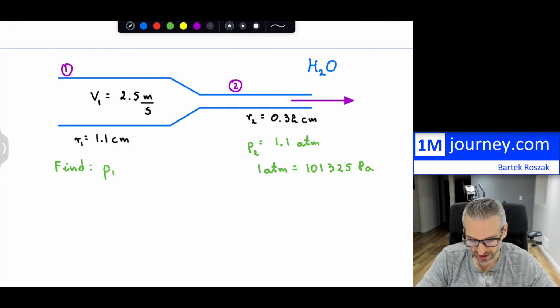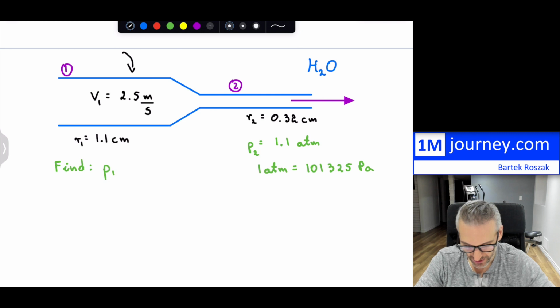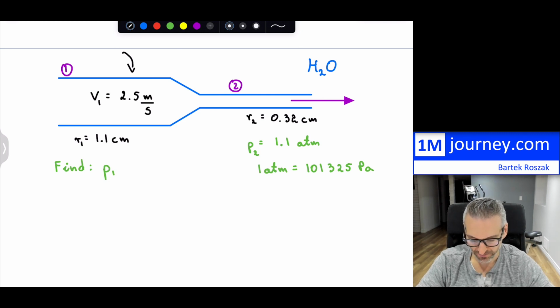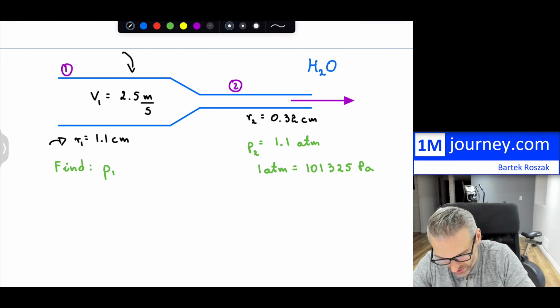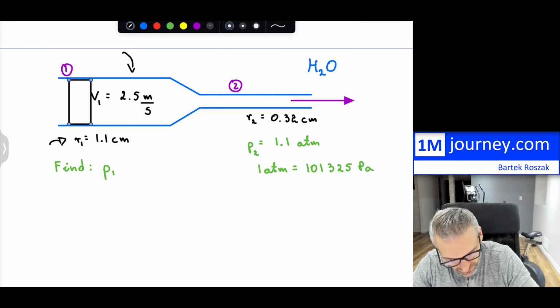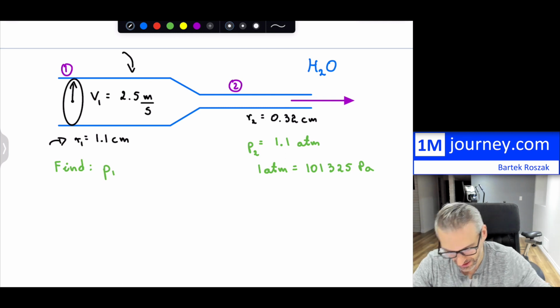We're told that in the first tube, the speed right here is 2.5 meters per second. If they give us the radius, we're assuming this is the cross-section of the tube itself, so this is the radius right there.